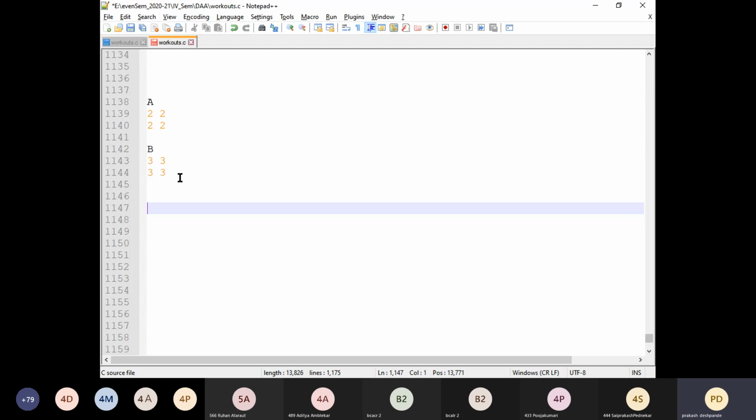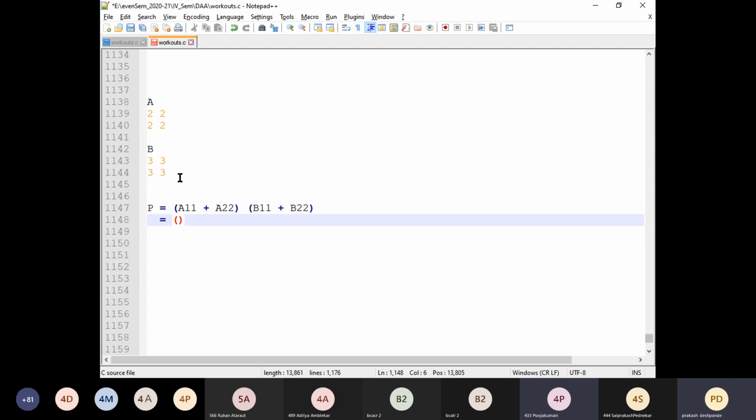Can anyone tell me what the first formula is? P is equal to A11 plus A22, multiplied by B11 plus B22. Now let's calculate this one. What is A11 here? 2.